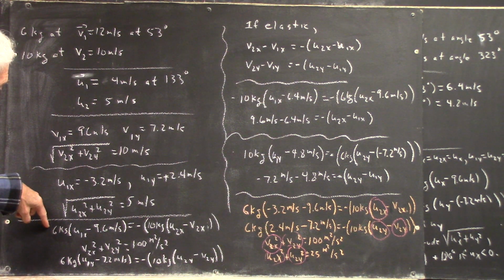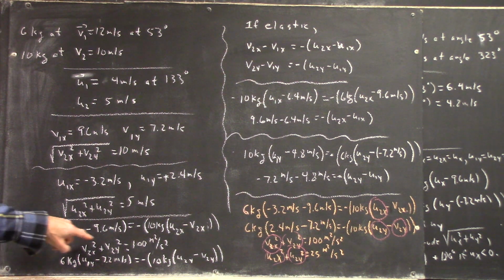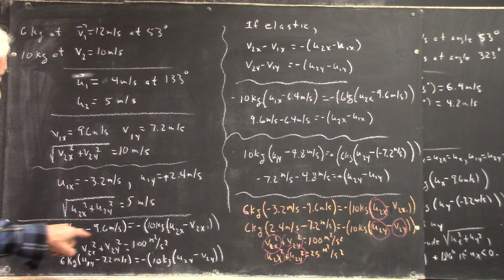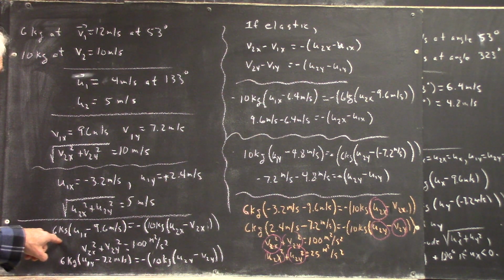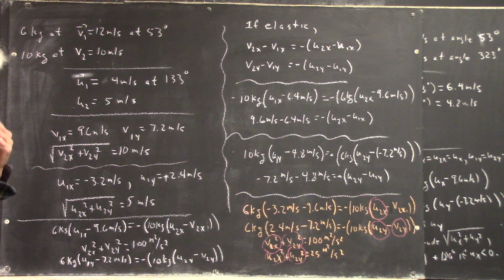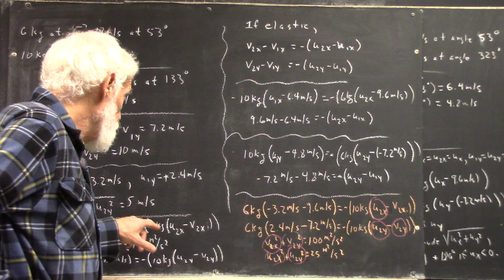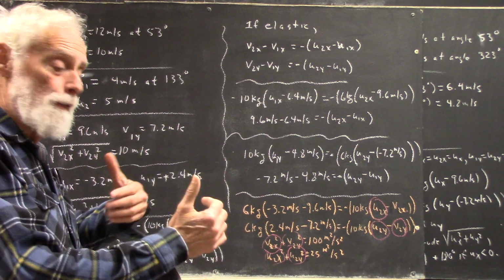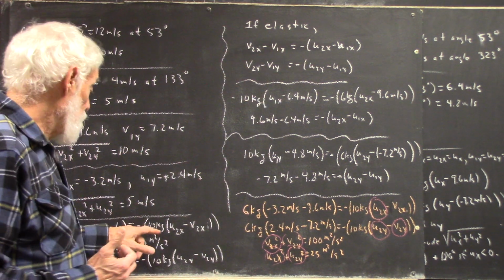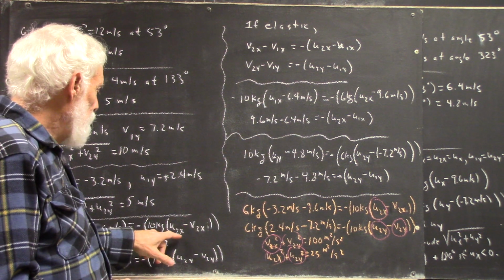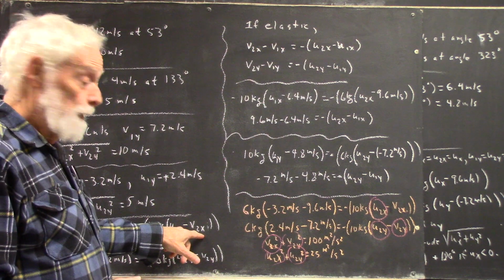Okay, so we have the 6 kilograms times u1x minus v1x, the change in velocity of the first object. And v1x is 9.6 meters per second. And that's equal and opposite to the change in the x momentum of the other mass, the 10 kilogram mass, and its change in velocity is u2x minus v2x.